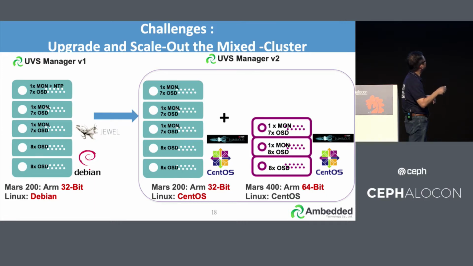We want to migrate them to the CentOS operating system and Luminous with the BlueStore, and also expand some of the OSD with our 64 bits ARM. Certainly they are CentOS and Luminous.